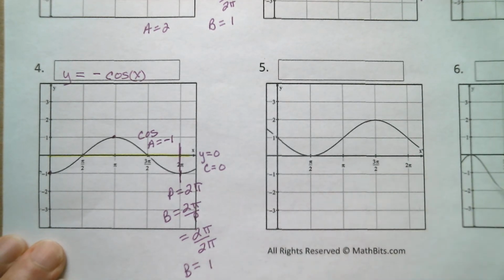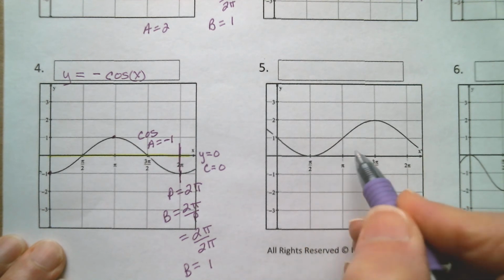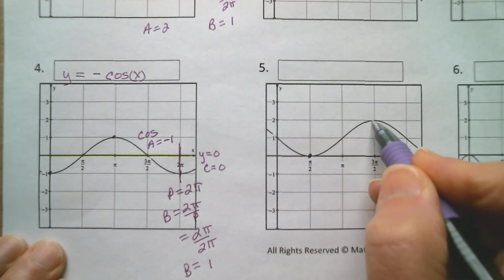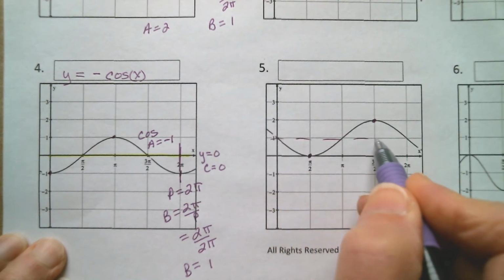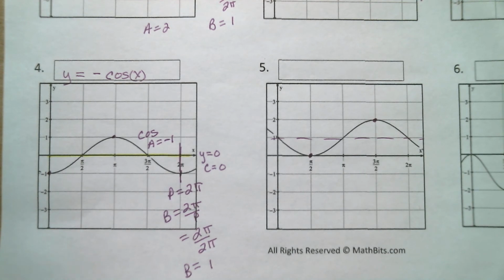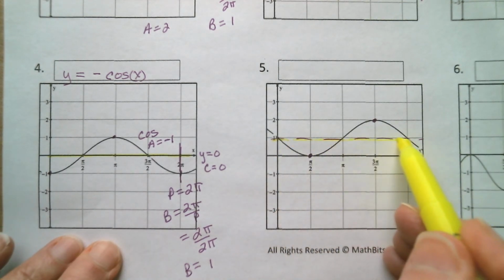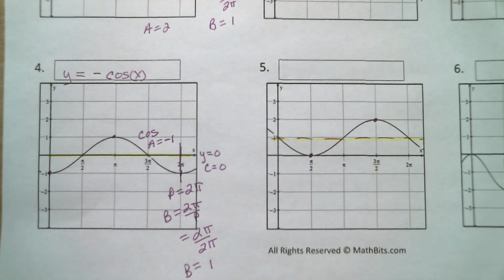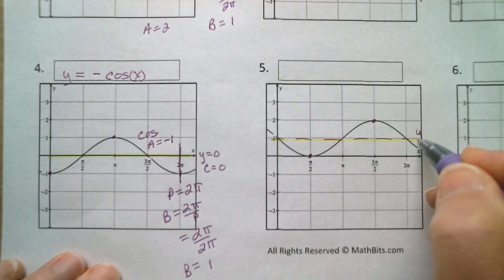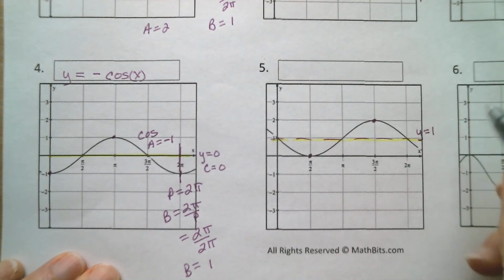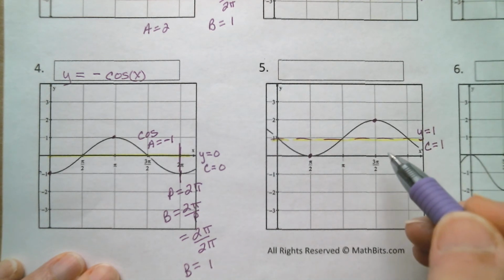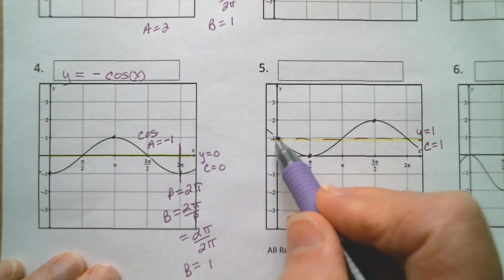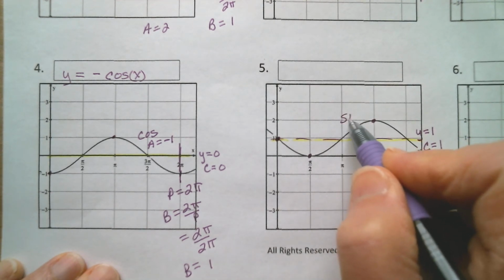Number 5, determine the midline. Well, here's a minimum and here's a maximum. Midline is midway between. Here's our midline, so our midline is y equals 1. So our c value is 1. This starts on the midline, so this is a sine function.